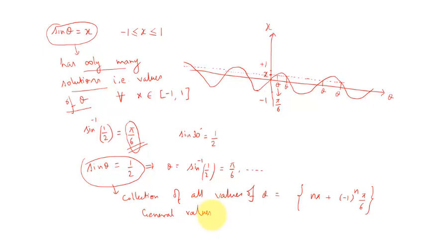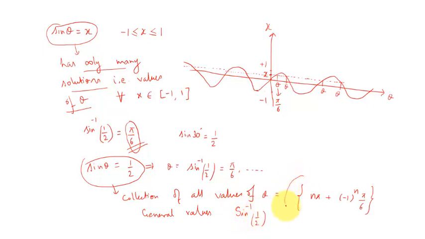These are general values. And one very important thing that you should all learn is we denote sine inverse 1 by 2 with the first letter in capital case, that is not small s, that is capital S. So this is sine inverse 1 over 2.